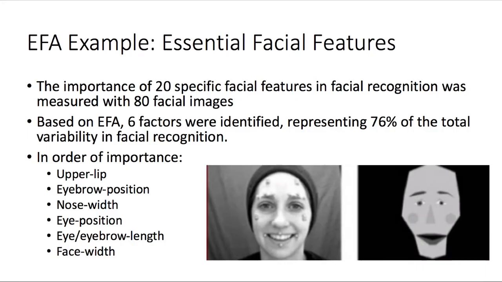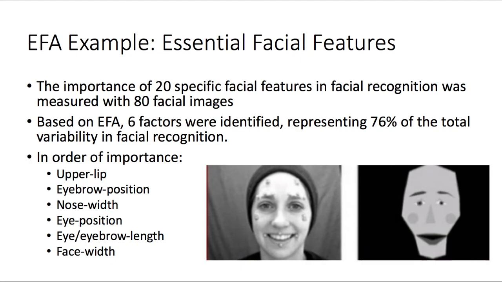The importance of 20 specific facial features in facial recognition was measured with 80 facial images based on EFA. Six factors were identified, representing 76% of the total variability in facial recognition.